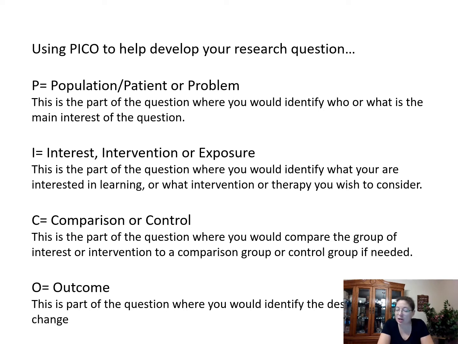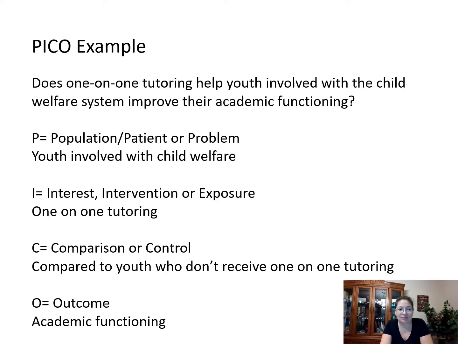So continuing with depression, we could say, is cognitive behavioral therapy more effective for Canadians with depression than, for instance, dialectical behavioral therapy? So our comparison group there is a different type of therapy, and the outcome that we're looking for is a decrease in the depressive symptomology.